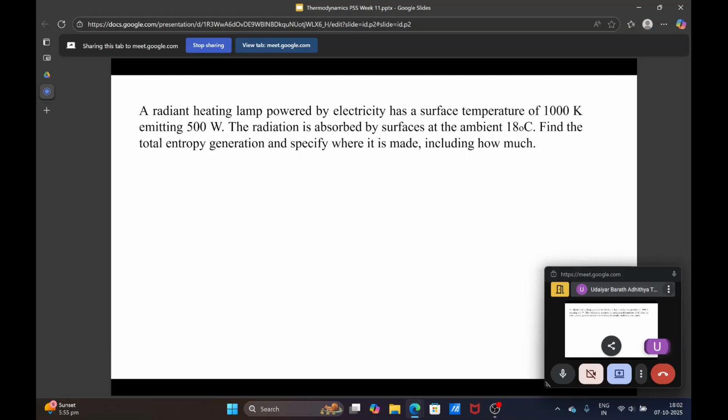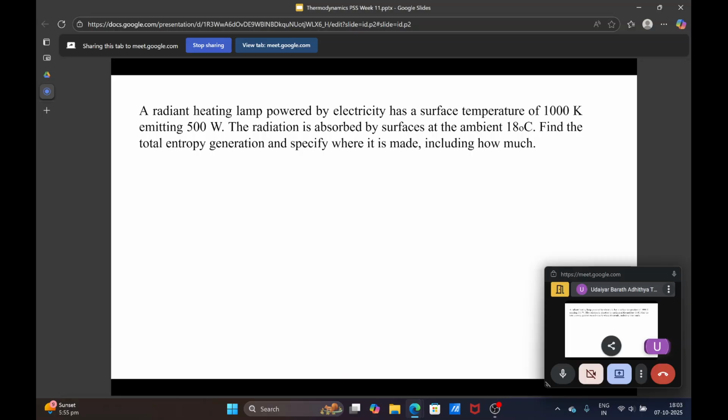Assume there is a room, and you have a radiant heating lamp, your heater, powered by electricity. You are supplying 500 watts and it is getting converted into 500 watts, emitted as radiation.